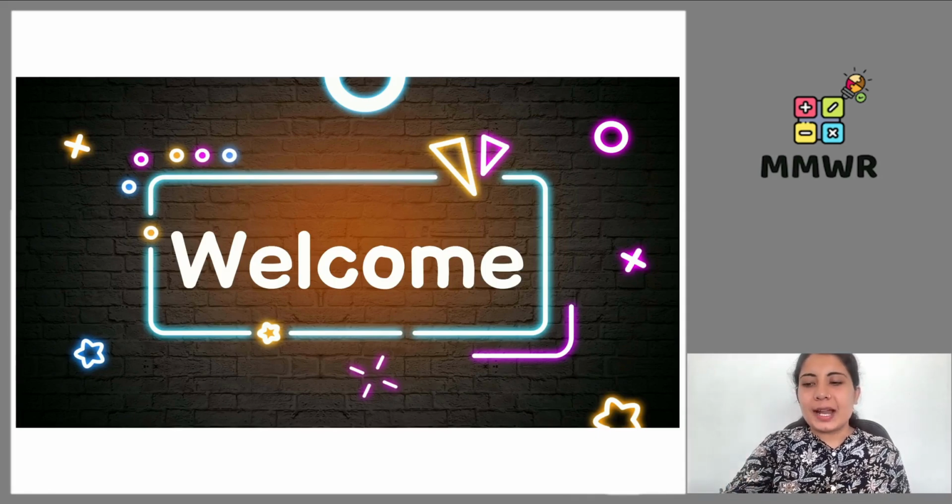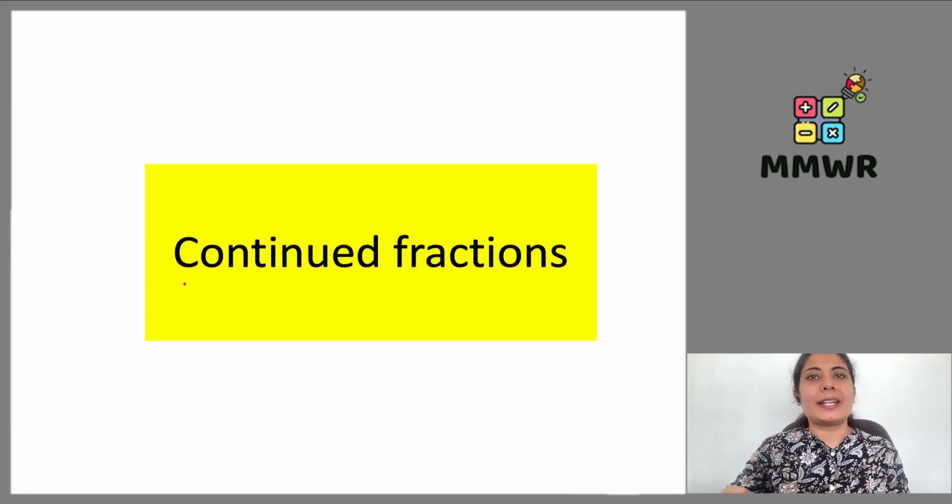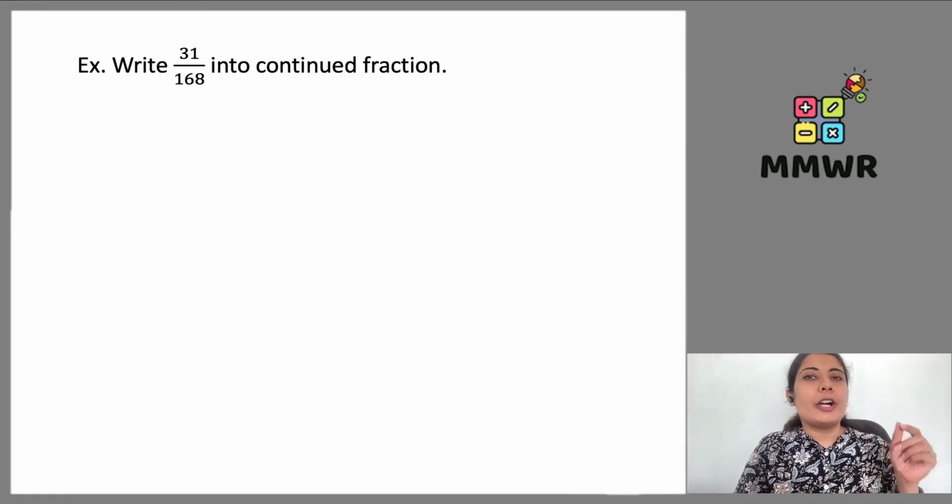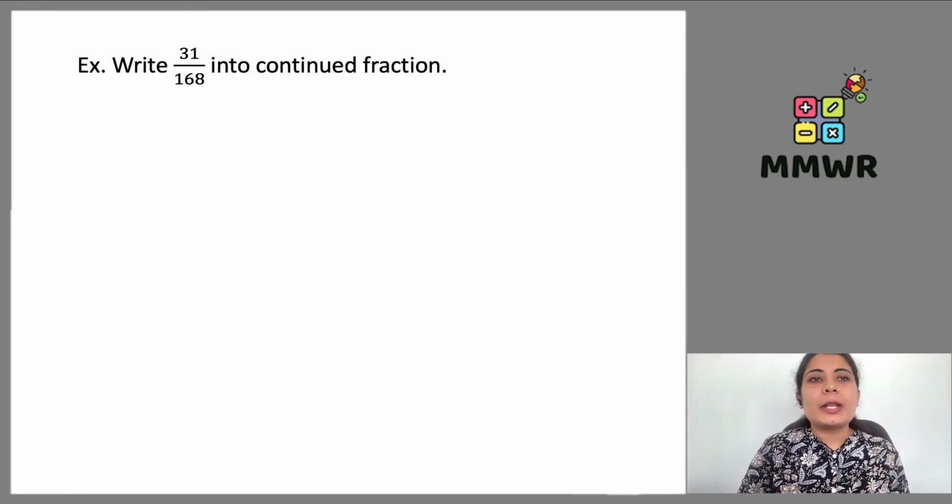So let's get started with today's topic, how to convert any fraction into a continued fraction. This is the second part of continued fraction. Let's see the example. Here we have the fraction 31 upon 168. We have to write this in continued fraction format.